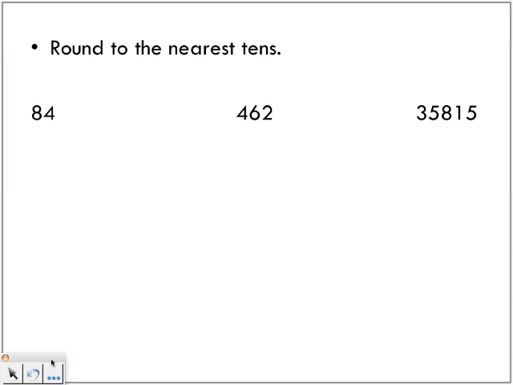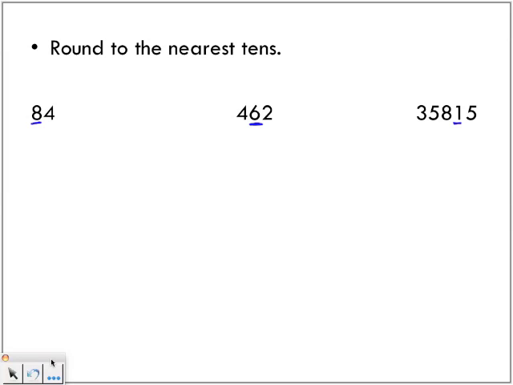The 8. 462, which one is part of the tens column? The 6. And for the last one here, 35,815. The 1.